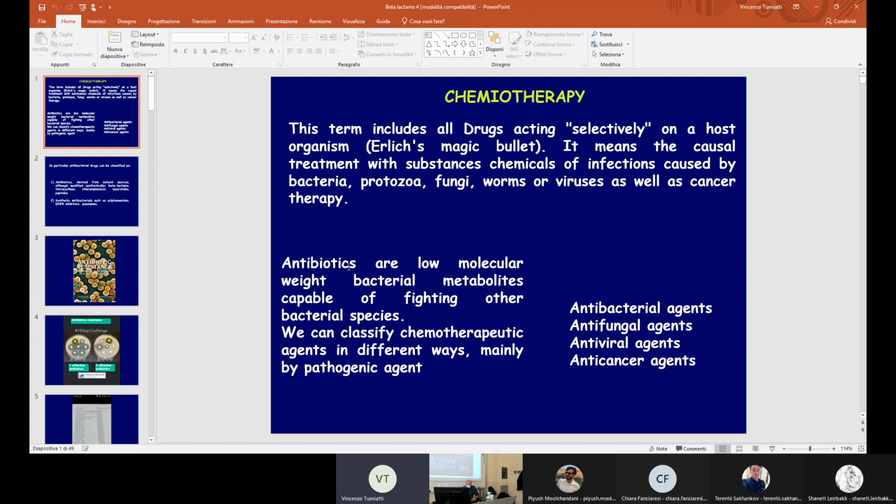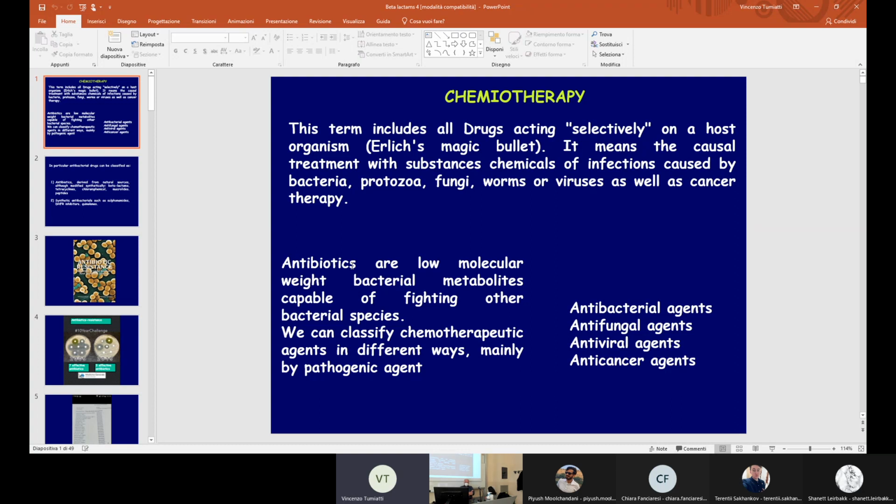We'll start with antibiotics. These molecules have a low molecular weight, very small. Normally, they are intermediates of particular metabolic pathways, and these intermediates are able to kill other cells.